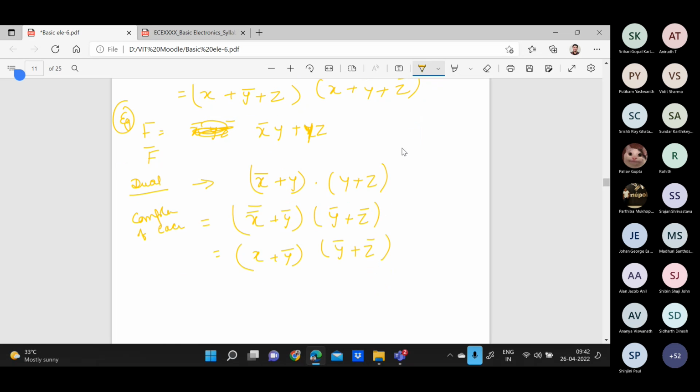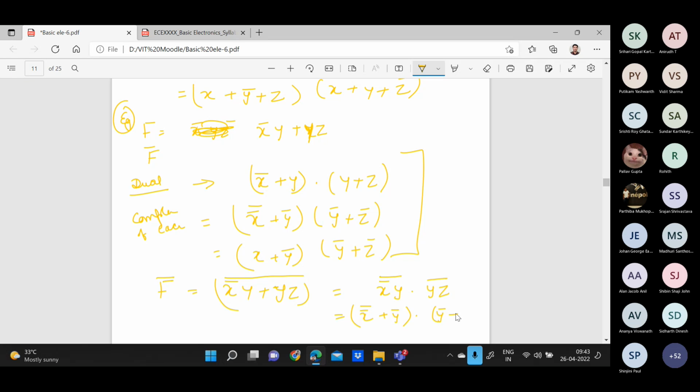This is the simple way, by applying the duality and the complement of each literal. Also, you can apply f bar, that is the whole bar of x bar y plus y z. Now if you open the whole bar, it will change the operator like this, and y z whole bar will come, as you have seen earlier in your 12th. If you open this again, it will be x double bar plus y bar.